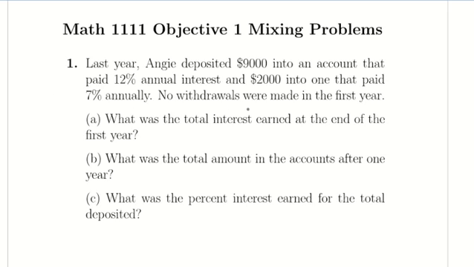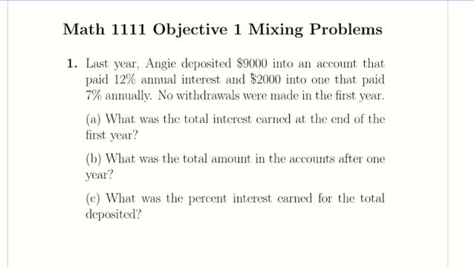So these are some mixing problems. This first one is about mixing interest-bearing accounts. Angie has found some really great mutual funds here, some kind of account that earns a lot of money.